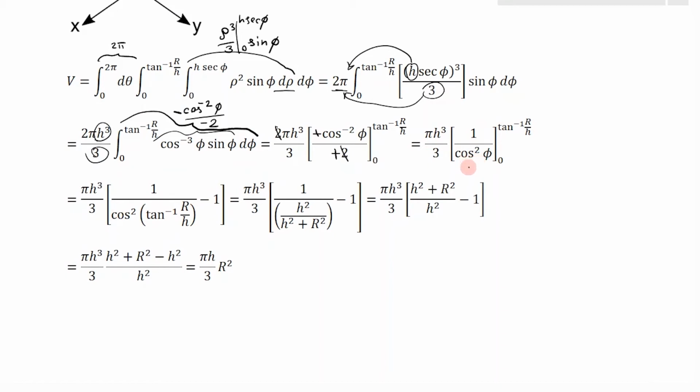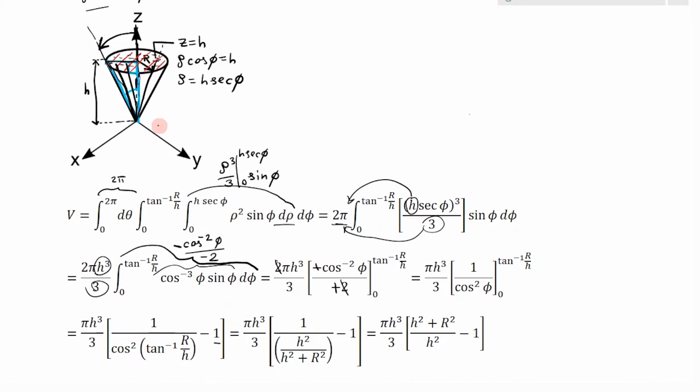Cosine of 0 is 1. That's what I wrote here. Now for cosine squared of this guy, here's what we have. We know that tan inverse of r over h is this phi naught that we were looking for right here, so this largest angle here.